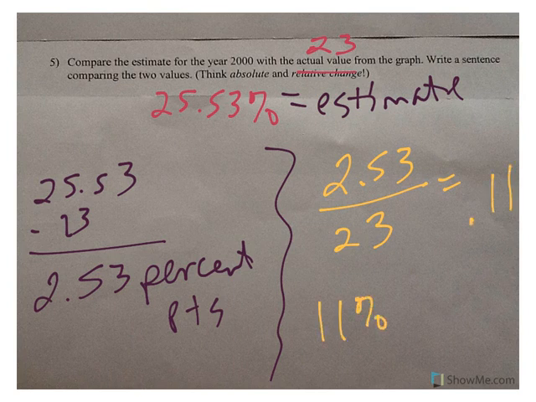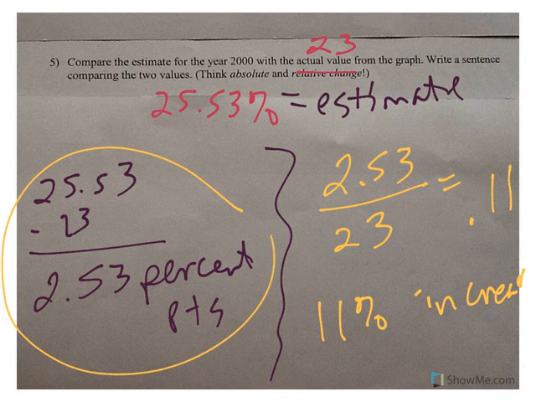That's an 11% increase from the actual value to the estimated. That's a big difference, right? So whether you're talking about relative or absolute change, it changes the way you talk about things. But the big key here is that there's a 2.53 percentage point difference between the estimated and the actual, with the estimated being higher.